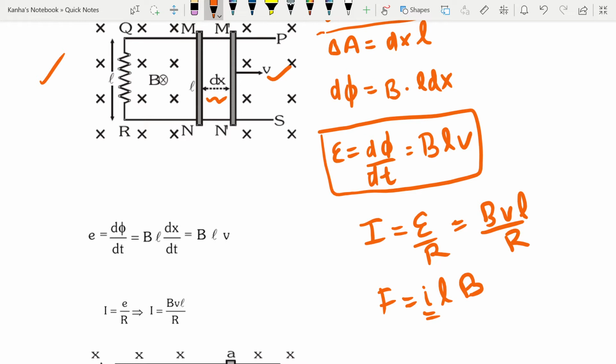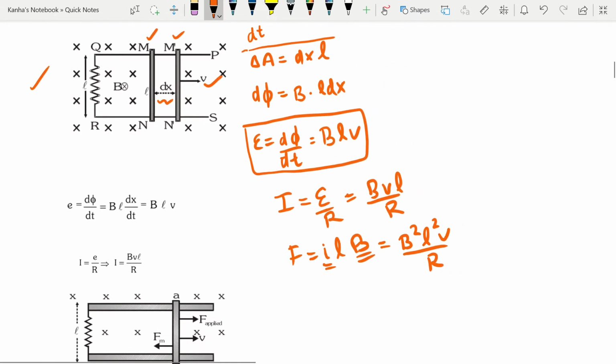We saw this in the chapter on magnetic effects of current. So when placed in an external magnetic field, a force will act on it, and this is nothing but B square L square v by R. Okay, with this in mind, if we want to move the conductor with the constant velocity v, which we were trying to do, an equal and opposite force F has to be applied.